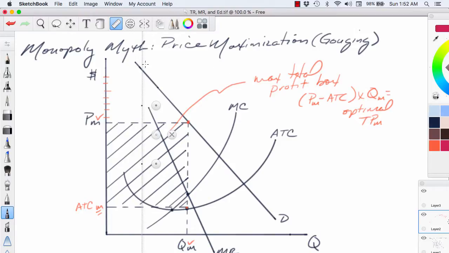So let's select a price which is well above Pmax and an output rate that is well below Qmax. So I'm identifying a production rate that is very low, and a price which is relatively high.